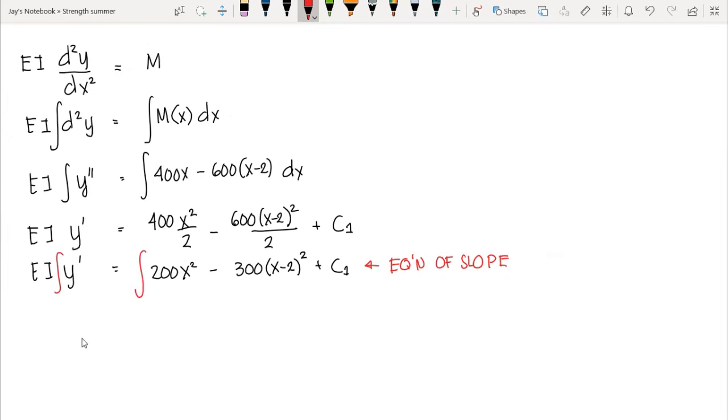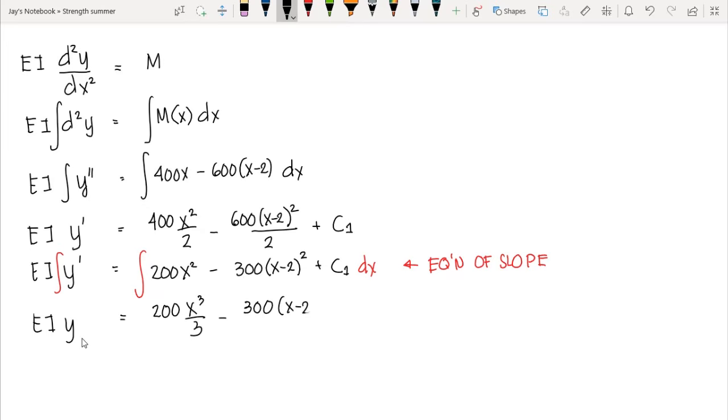With respect to dx, then we have the flexural rigidity EI, then the integration of the first derivative gives us y, in which y here is the deflection, equal to power rule. We have 200 x cubed over 3 minus 300 x minus 2 cubed over 3, correct? Then, since we have a constant here, the integration of the constant with respect to dx gives c1x.